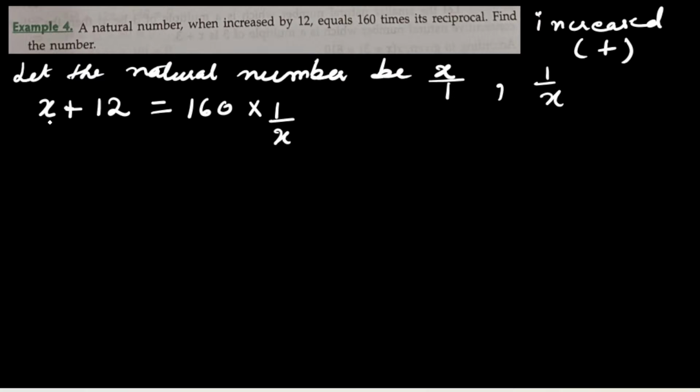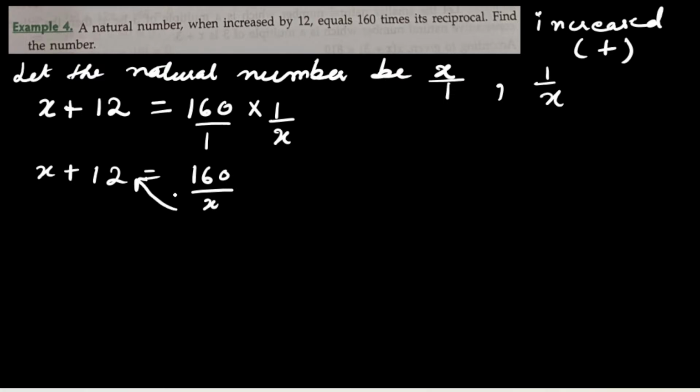So we have got x plus 12 is equal to 160 times 1 by x. 160 into 1 is 160, x into 1 is x, because here fractions are getting multiplied, numerator with numerator and denominator with denominator.